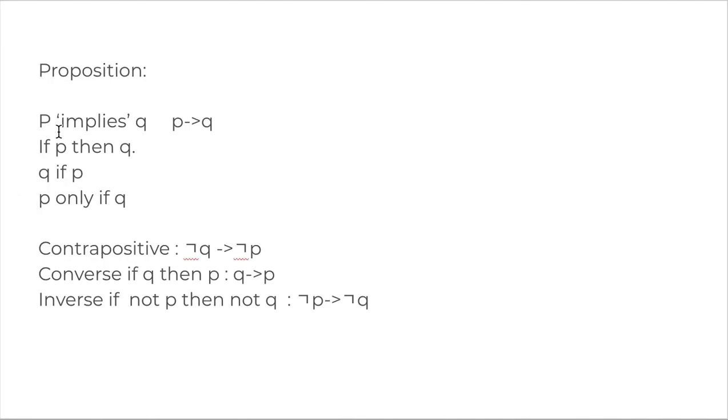The statement P implies Q can be written as if P then Q, Q if P, and P only if Q. You can write sentences in these formats if you want for P implies Q. A contrapositive is a statement written as not Q implies not P. The contrapositive is logically equivalent to the original statement.